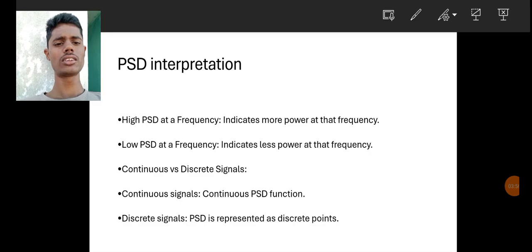In discrete signals, the power spectrum density is represented as discrete points. As we learn in continuous versus discrete, in continuous, the time period occurs at all time intervals, but discrete is at specific intervals.